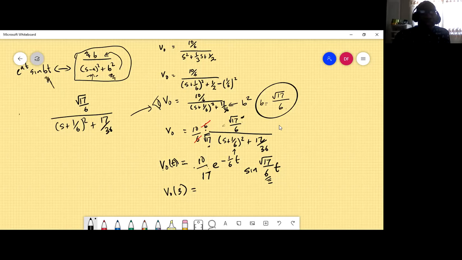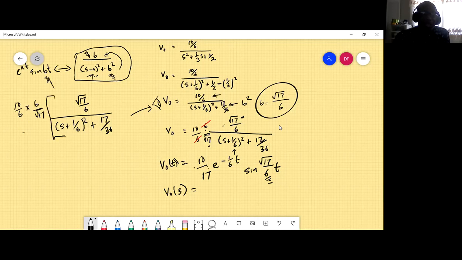So that is the 10 over 6 that I put outside, so that it is still there. Now I put a root 17 over 6 here. It wasn't there before. If you look over here, you're not seeing a root 17 over 6. So I inserted a root 17 over 6, so I have to get rid of it. So I multiply by 6 over root 17 so that they cancel out.